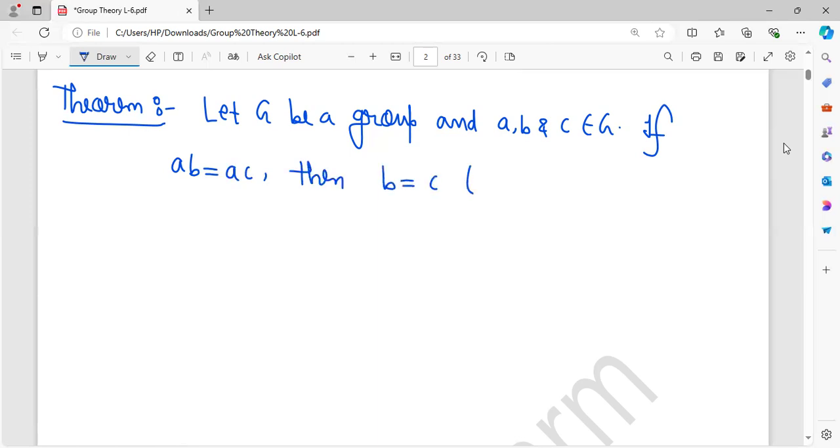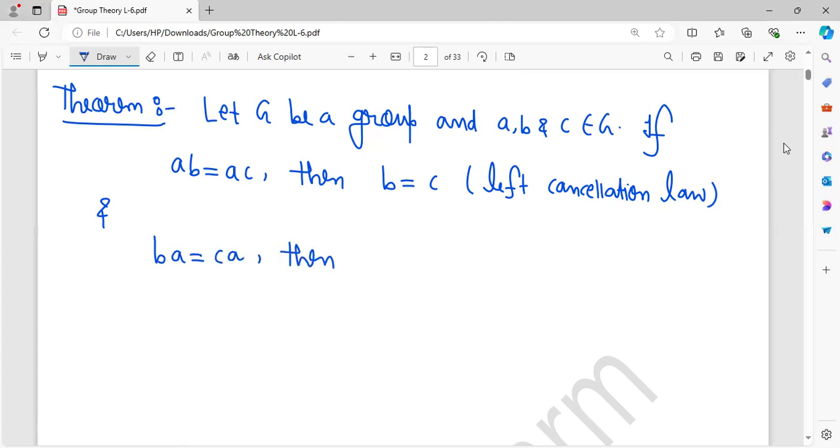This rule is called the left cancellation law. Now, if ba is equal to ca, then b is equal to c. This is called the right cancellation law.